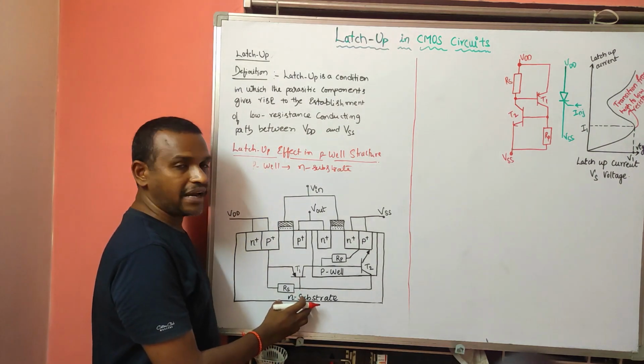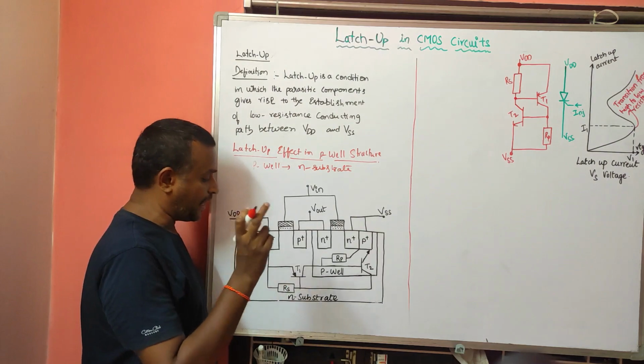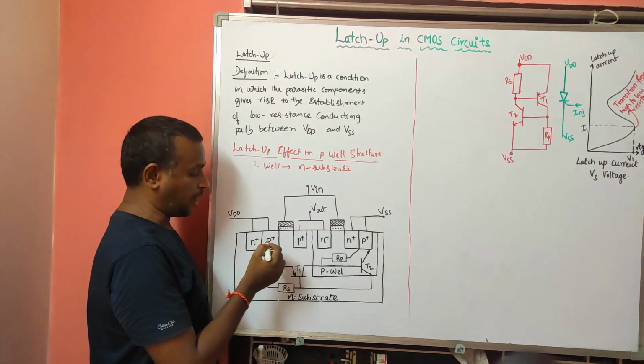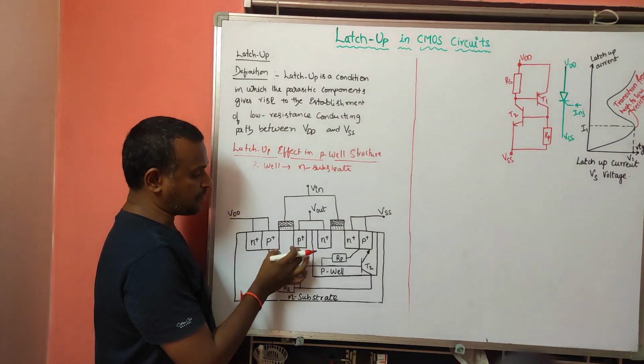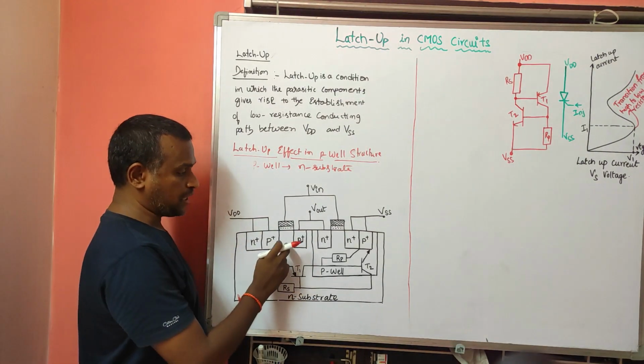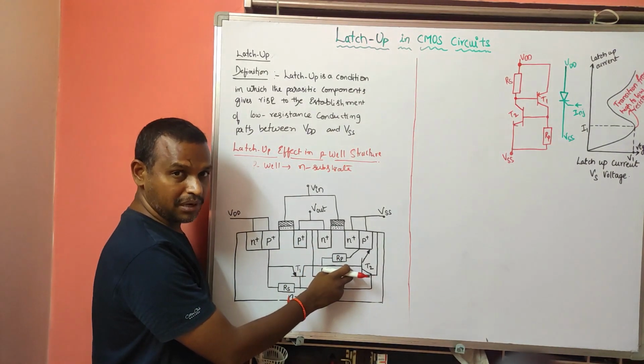So here it is the N substrate, an N type material, and again we have N plus and P plus. This transistor is a PMOS, and in the P-well it is an NMOS.